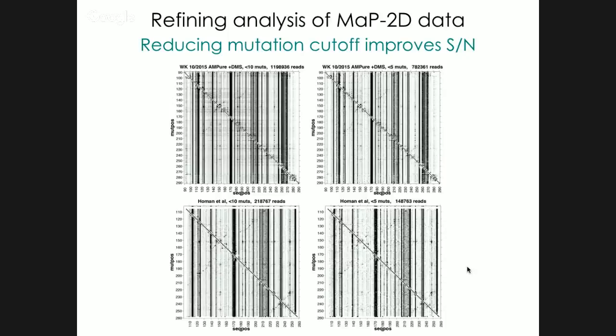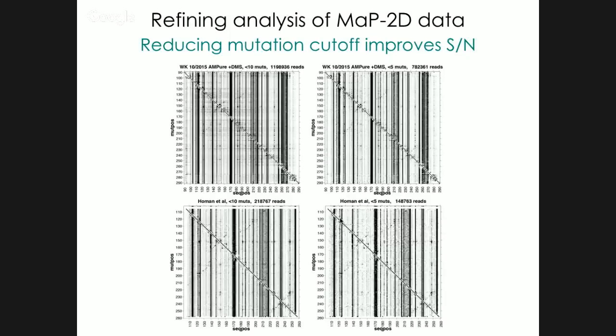As part of exploring these various factors in analyzing the data, I found that reducing the mutation cutoff, so the number of mutations that's allowed in a sequencing read for it to be included in generating the 2D data set, from 10 to 5, actually appeared to clean up our lab's data set quite a bit, but made the Homan et al. data set look a lot more sparse than the data from the paper.